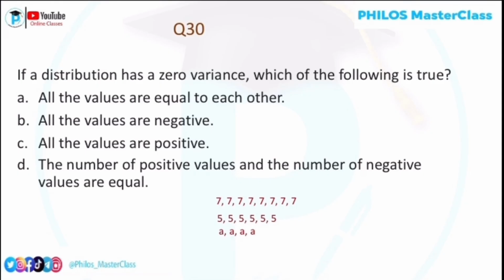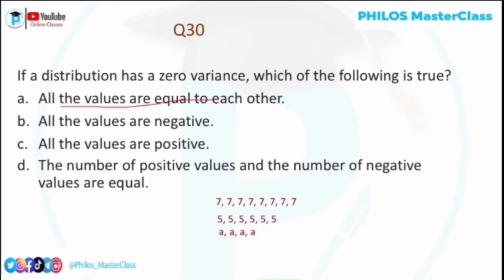So this question is saying that if a distribution has 0 variance, which of the following is true? When all the values are equal to each other, like the case you have here, then the variance will be 0. Let's proceed to the next question.